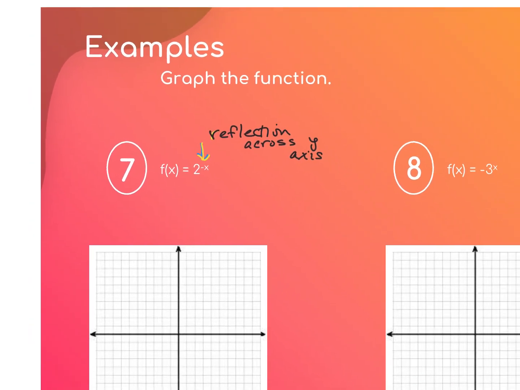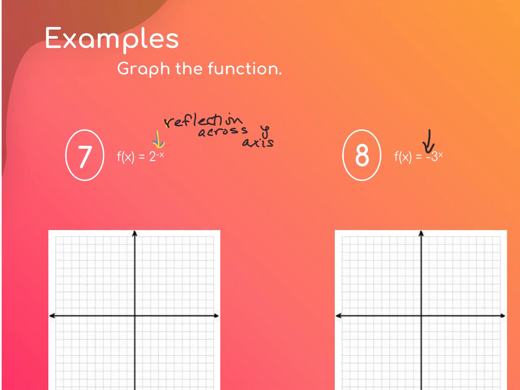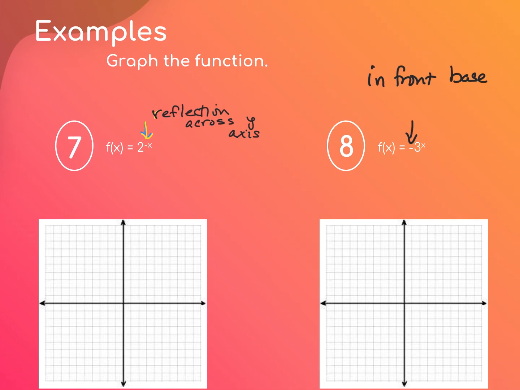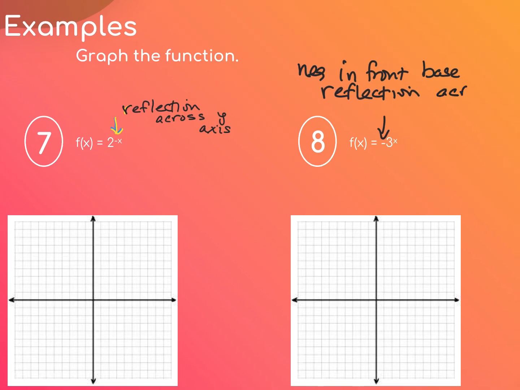If the negative sign is in front of the base, then it's going to be a reflection across the x-axis.